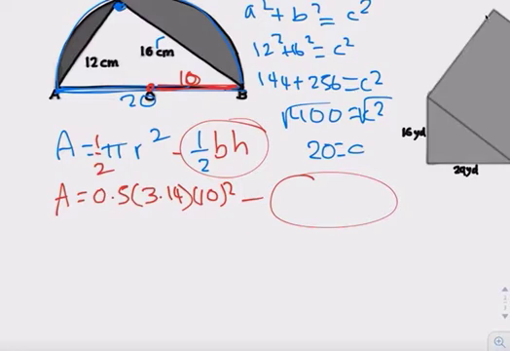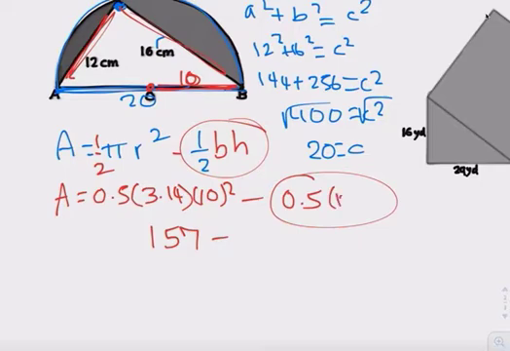0.5 times 3.14 times 100. This is 157 minus the triangle. 0.5, the base is 12 right here, and the height is 16.